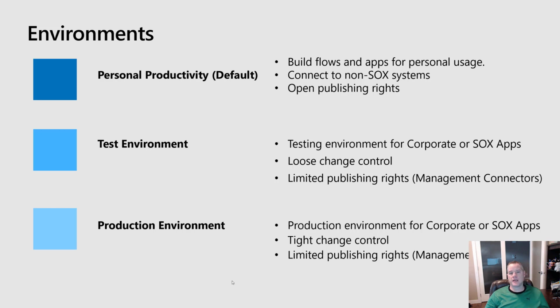Now, once you start getting into the solutions where you've got business units depending upon them, and maybe even a whole corporation depending upon them, you want to start adding more rigor to the process. You might have your test and production environments. You could also have a dev environment in there as well. And this is where you start to apply more rigor towards those environments and what people can do within them. For example, you may have fewer people that have access to the environment. You may have different DLP policies in place for these environments as well.